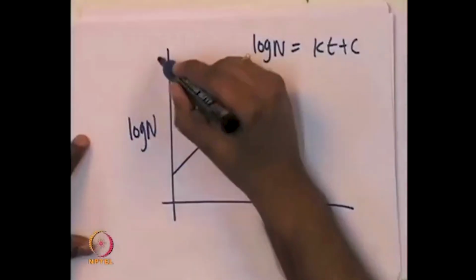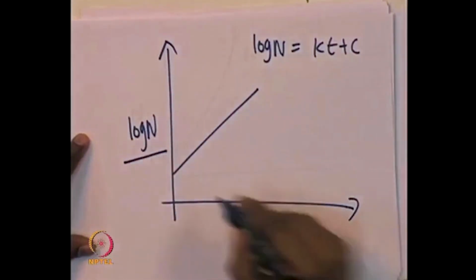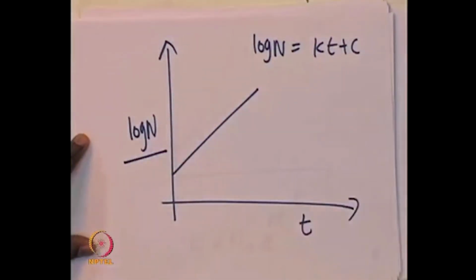So, we have such an equation, and most of the time we draw the growth as a straight line. The reason that we draw a straight line is precisely that on the y axis, we are plotting log n, not n. If we plot log n on the y axis and t, this part will look like a straight line.